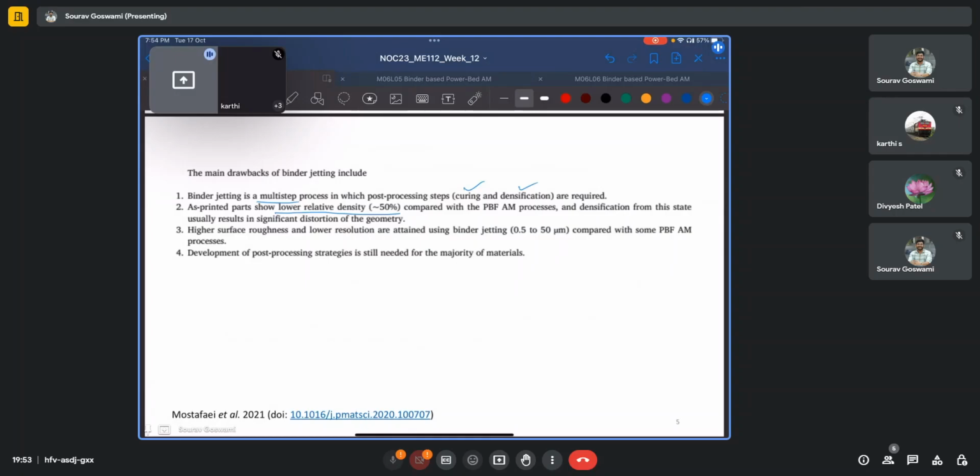And once we start densifying the material from this state of 50% relative density, there might be some distortion of the geometry. The surface roughness and resolution, while good, are maybe not as good as powder bed AM. And the post-processing strategies still need to be developed and optimized for most of the materials.